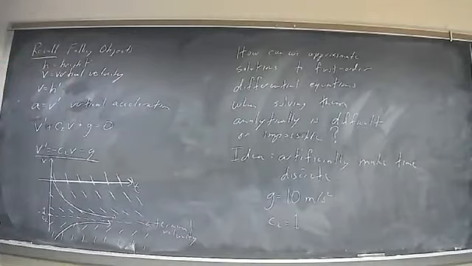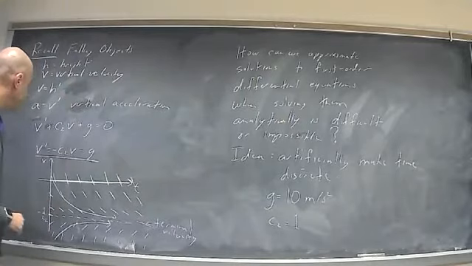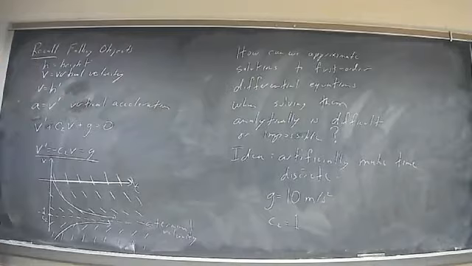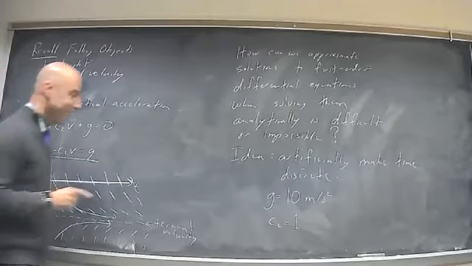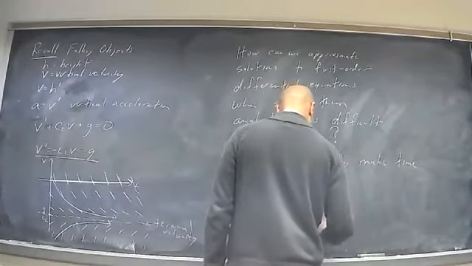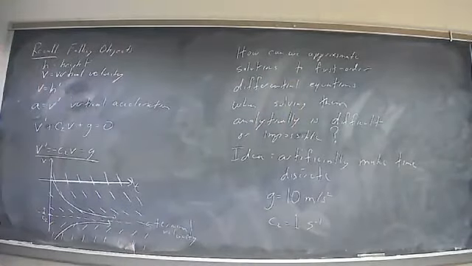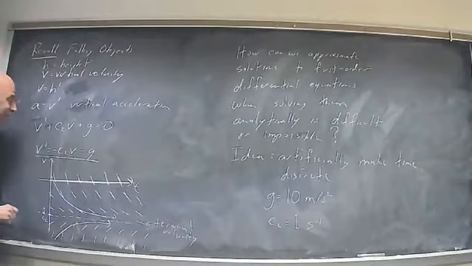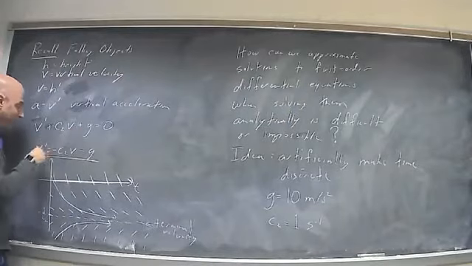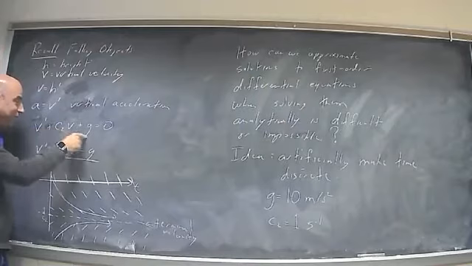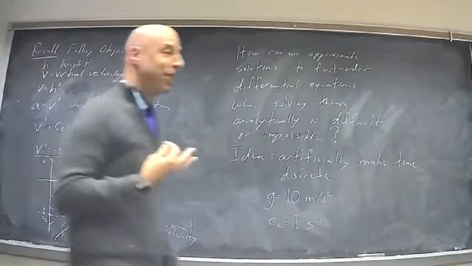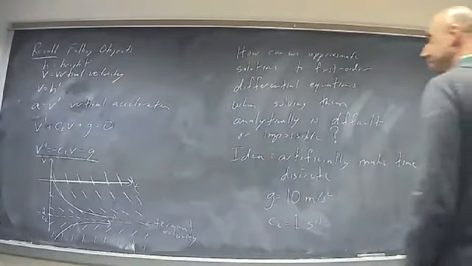By the way, what are the units for c2? It would be per second, seconds to the minus 1. If that's not clear to everybody, notice that when you're adding or subtracting things, they all have to have the same units. All 3 of these terms have to have the same units.